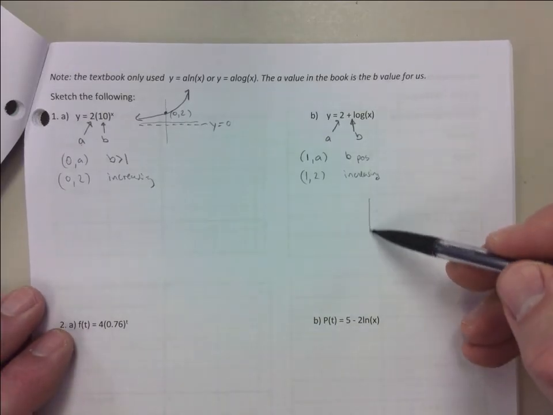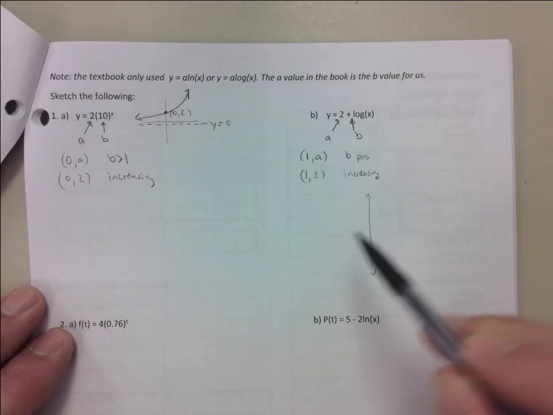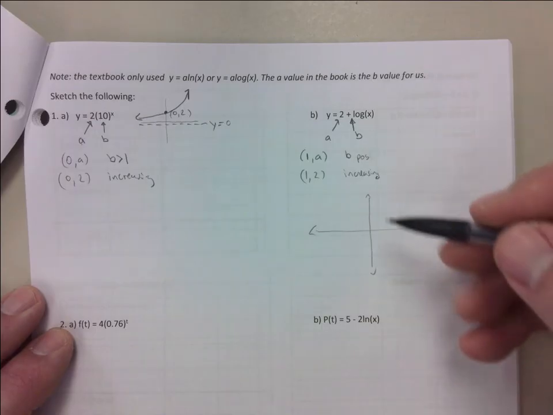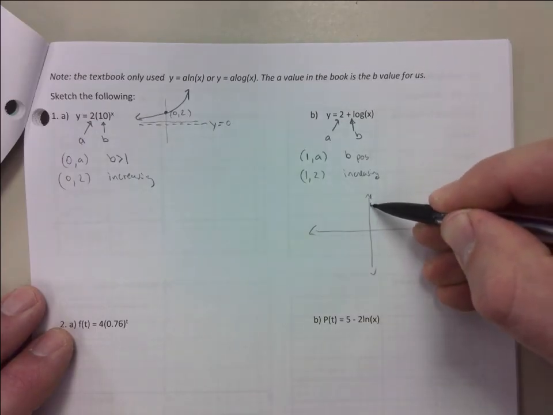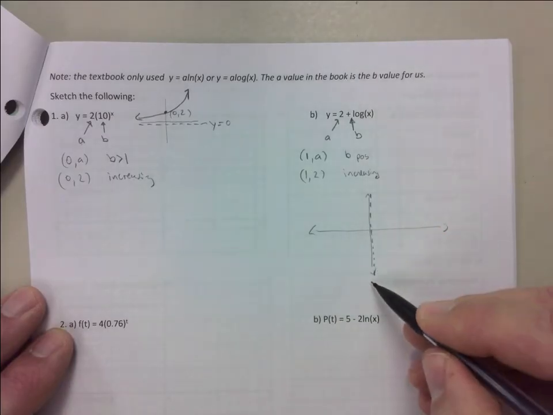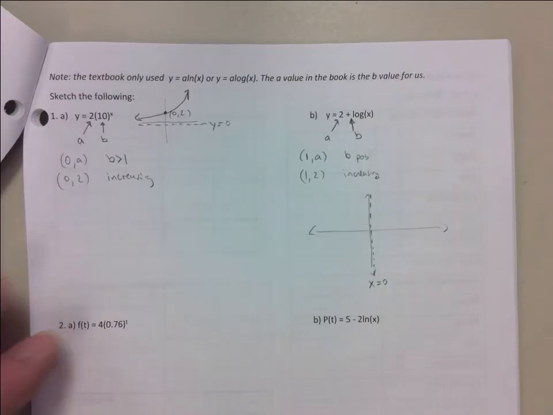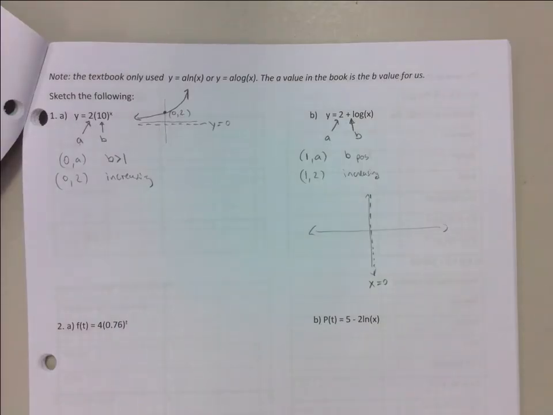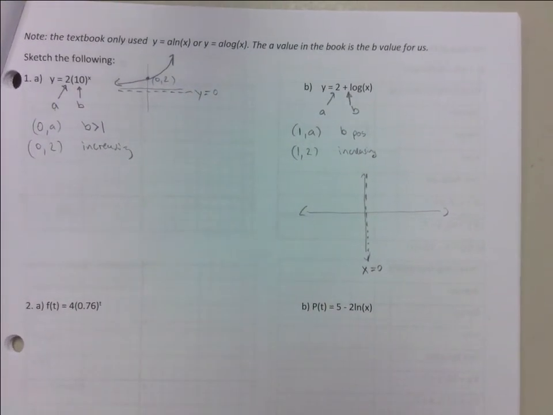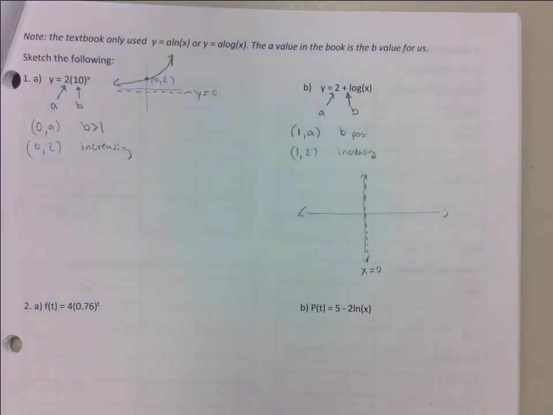And here I'm going to use my space that I have available. In this case, it never crosses the y-axis, so x is equal to 0 is the equation of the asymptote. And it's increasing.